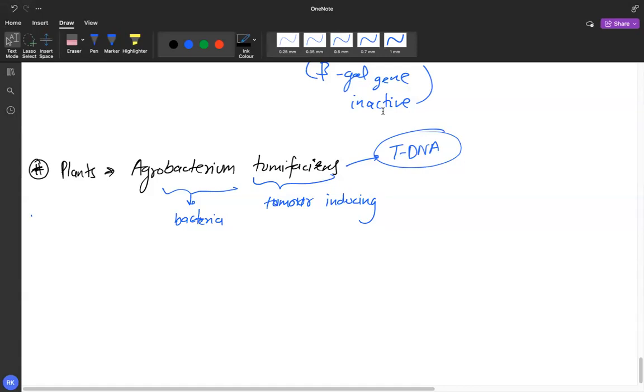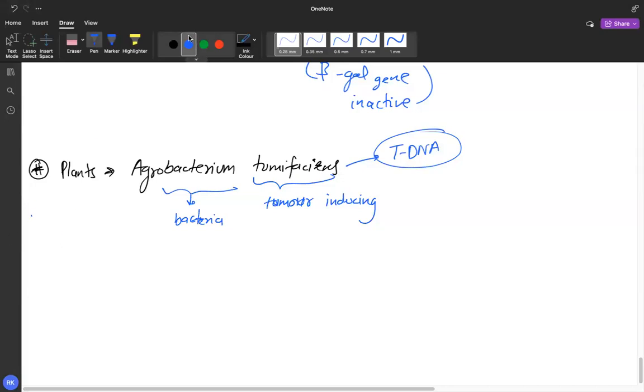You deleted the bad part. That's what we did with this Ti plasmid of Agrobacterium tumefaciens, because we just wanted to exploit the mechanism by which it delivers DNA. So for plants, we use this.